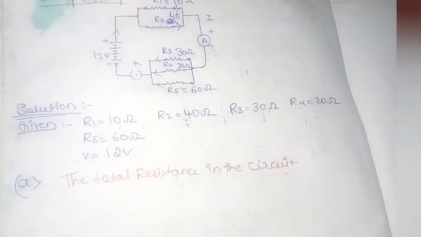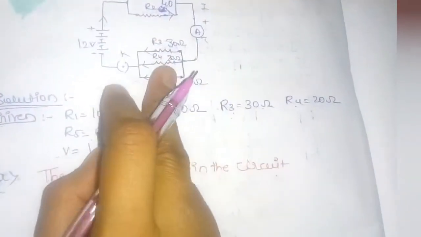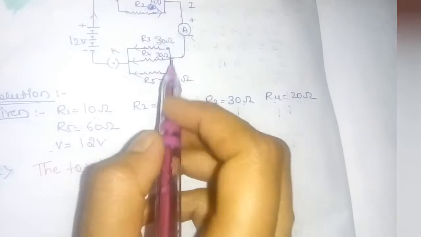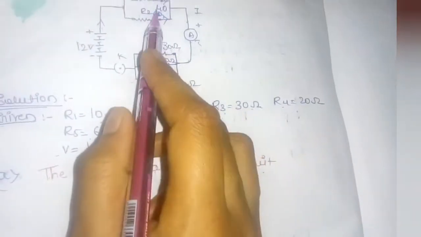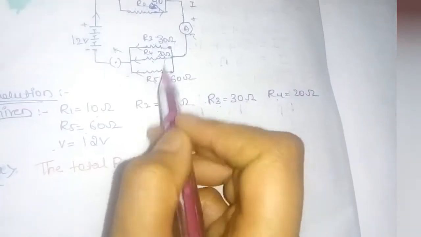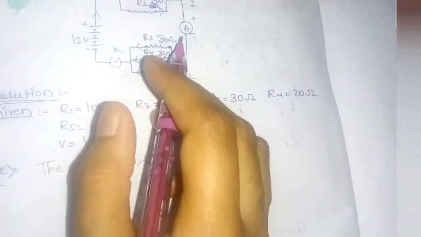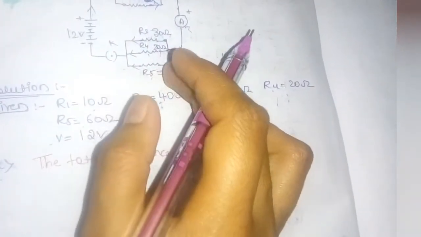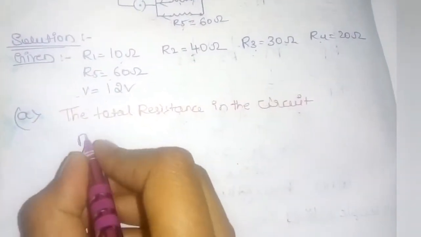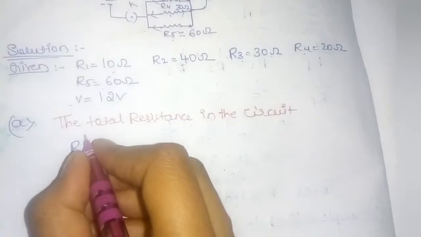So you know that in this figure the resistors are connected in parallel, that is R1 and R2 are connected on one side, where R3, R4, R5 are connected on another side. Similarly we replace the resistors R3, R4, R5. For example, R1 and R2 give R dash.